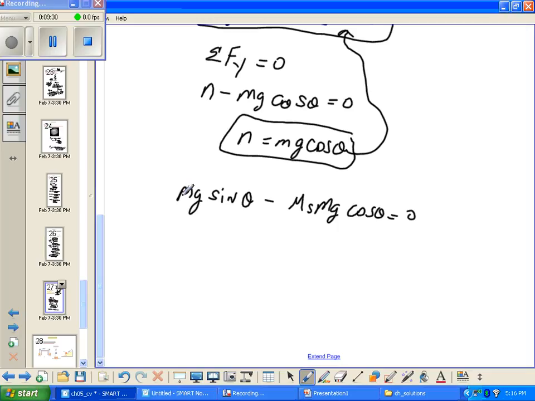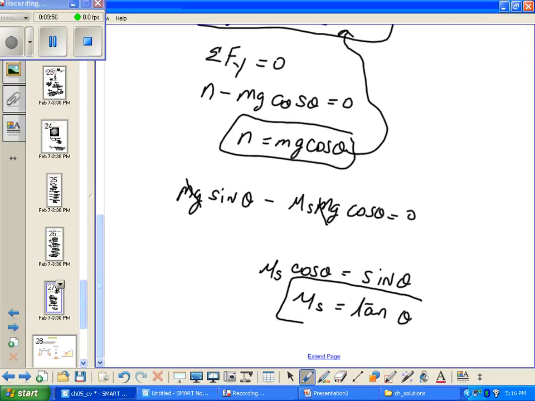You can see that the mg's are going to cancel. So we have mu s cosine of theta equals sine of theta, or mu s equals the tangent of theta.